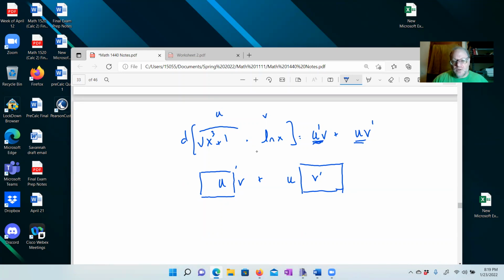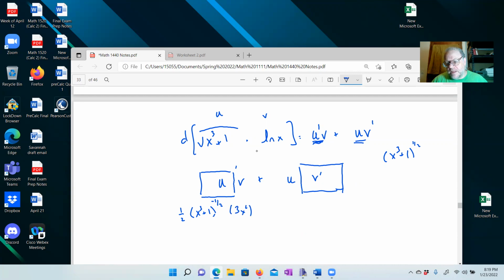This derivative here is x cubed plus 1 to the 1/2. So the derivative is 1/2 times x cubed plus 1 to the negative 1/2, that's 1/2 minus 1. But then there's a chain rule inside here, so we have to take the derivative of this part, and we have the 3x squared.